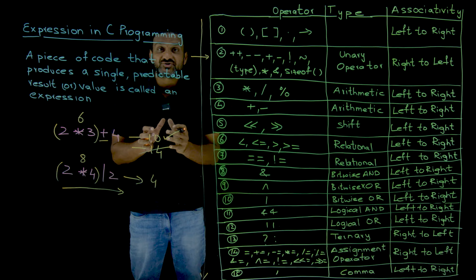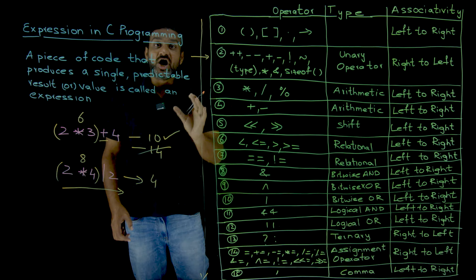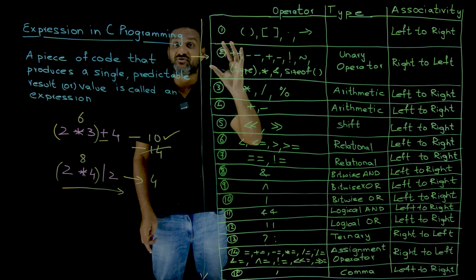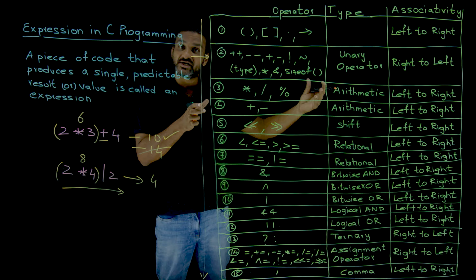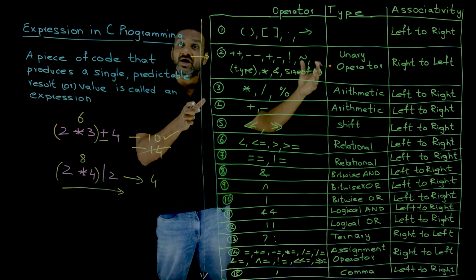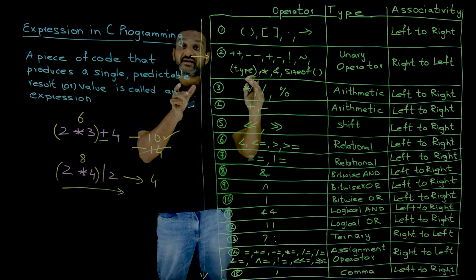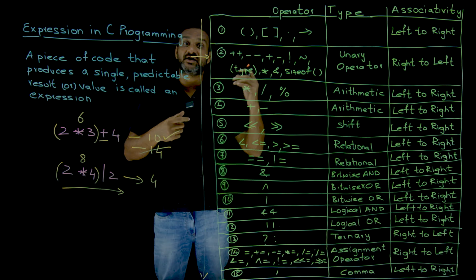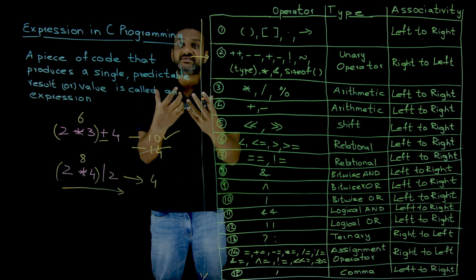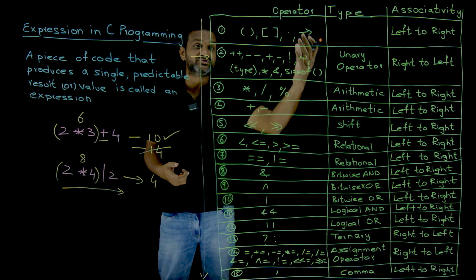So the precedence and associativity table will help you understand how things get executed in your C program. In later classes, whenever we discuss programming assignments or programming examples, you will easily understand how everything is getting executed by using this table.